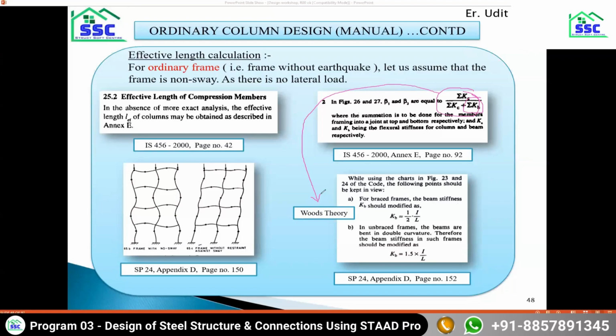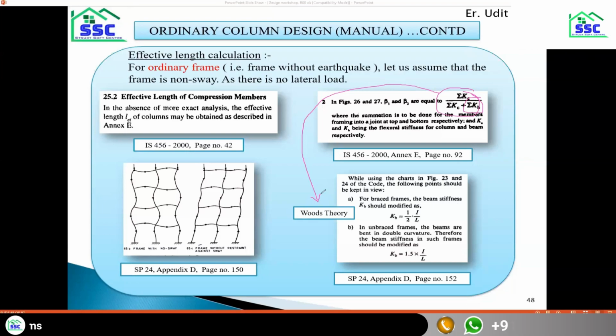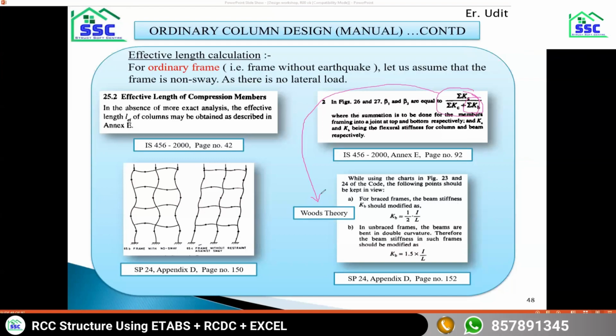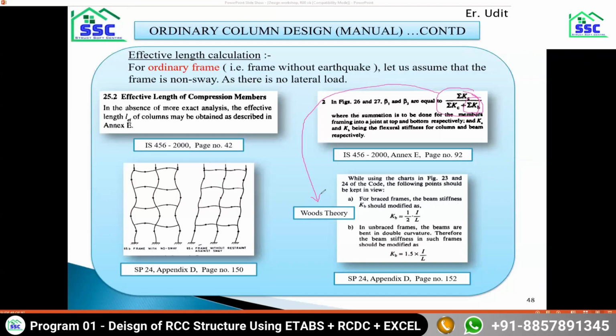This equation, or this chart, figures 26 and 27, are derived from Wood's theory. But nowhere in the annexure are they telling you how to find out the value of summation Kb. My team has had to do a lot of research to find this value of Kb correctly and to give you a proper reference of Kb.